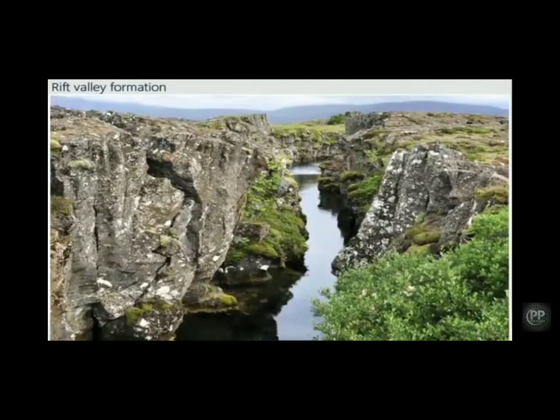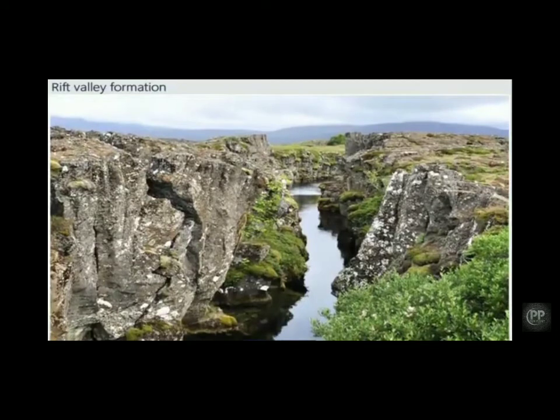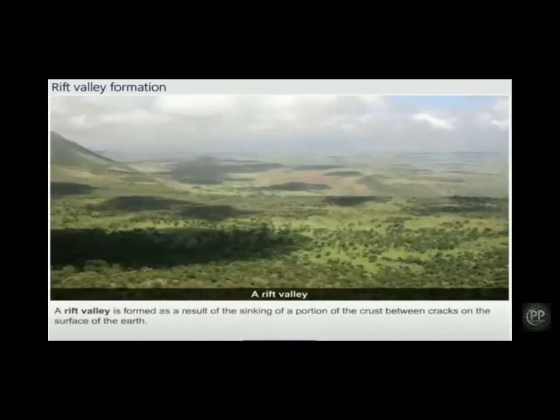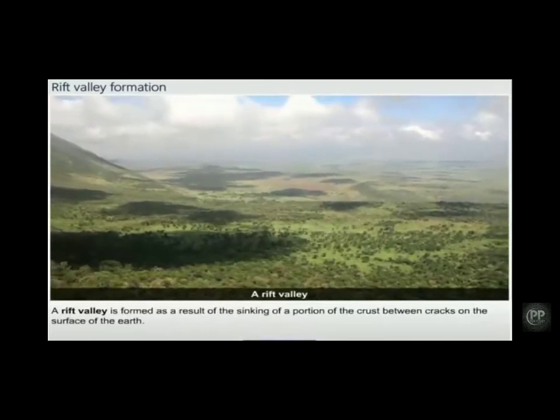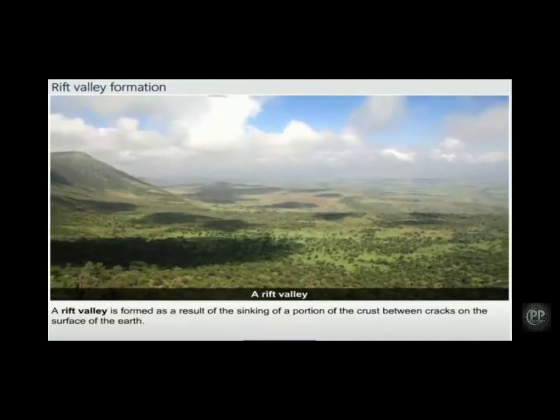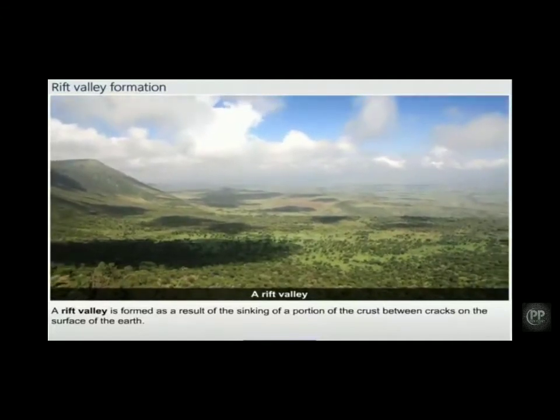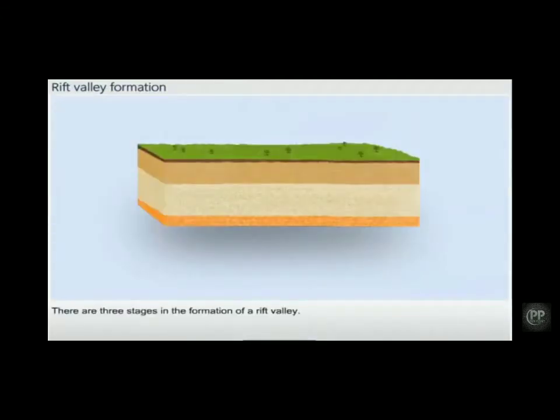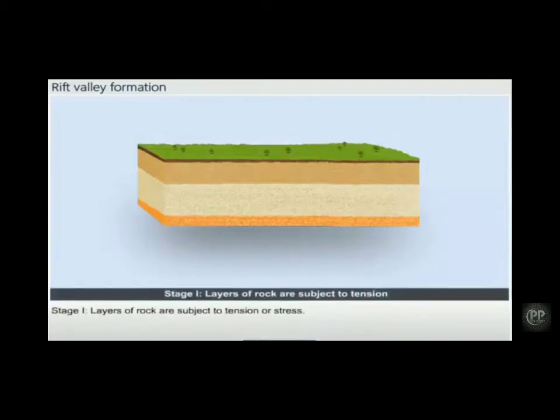Rift Valley Formation. A rift valley is formed as a result of the sinking of a portion of the crust between cracks on the surface of the earth. There are 3 stages in the formation of a rift valley. Stage 1.